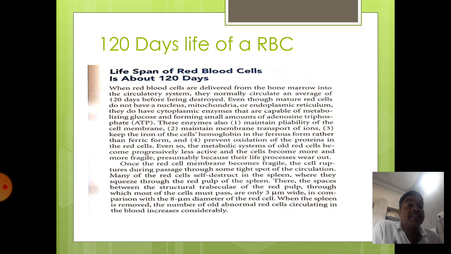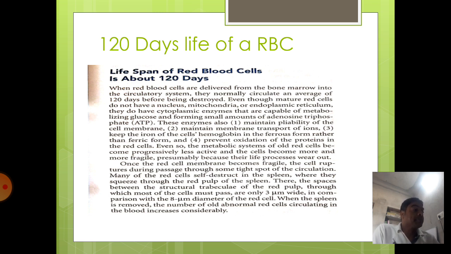These few sentences are important, so I repeat once again that red blood cells are delivered from the bone marrow into the circulatory system, and they normally circulate an average of 120 days before being destroyed. Although living, the mature red blood cells do not have a nucleus, mitochondria, or endoplasmic reticulum, but they do have cytoplasmic enzymes for their metabolic activities.